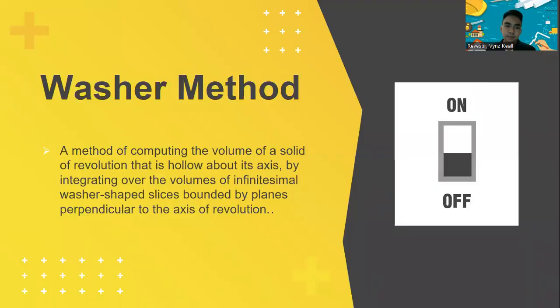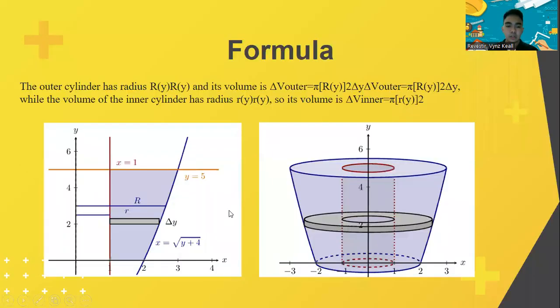Washer method. A method of computing the volume of a solid of revolution that is hollow about its axis by integrating over the volume of infinitesimal washer-shaped slices bounded by planes perpendicular to the axis of revolution. So the formula for the washer method: the outer cylinder has radius R, and its volume is V outer equals pi R squared.